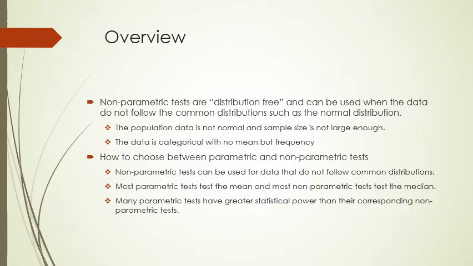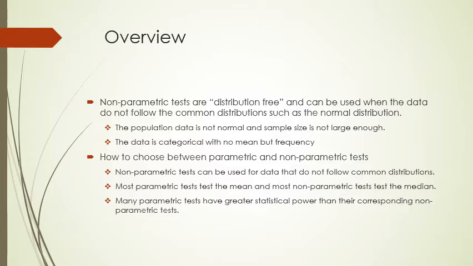For example, non-parametric tests are frequently used when the population data is not normal and the sample size is not large enough. Also, if we have categorical data with only frequency and would like to know if it is different from our expectation. There are several factors that may determine if we are more interested in parametric or non-parametric tests.